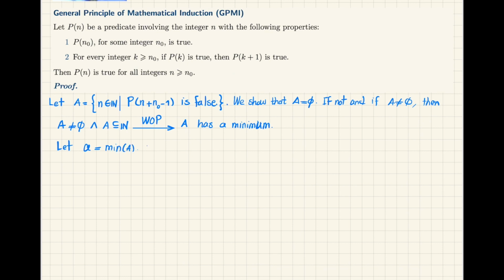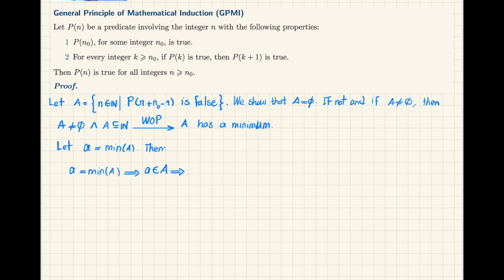Okay, then, so what is the meaning? When you say that a is the minimum of this set, first of all, it means that this element, this a, belongs to my set. And when a belongs to my set, it means that it satisfies these two conditions.